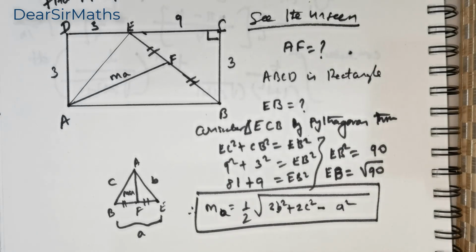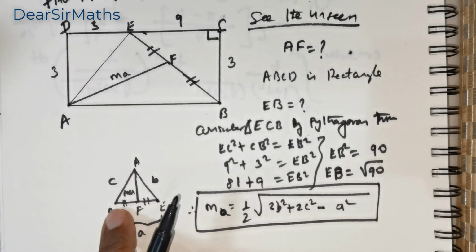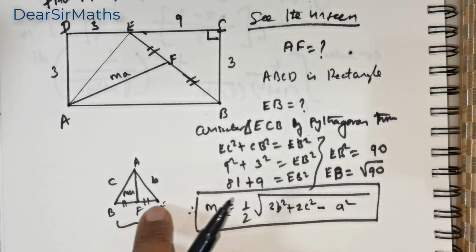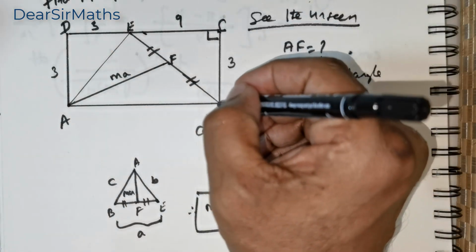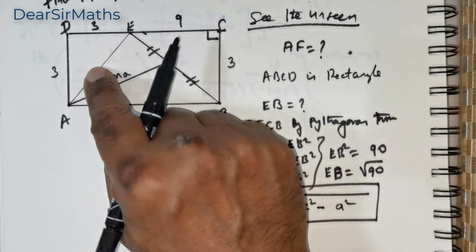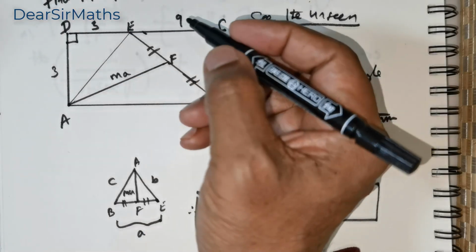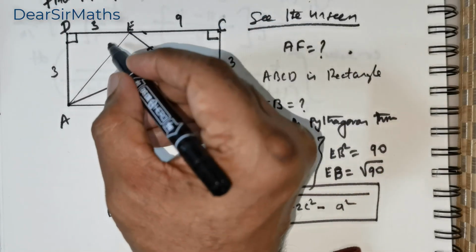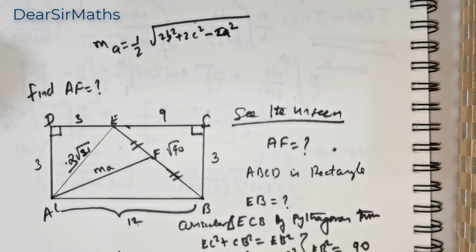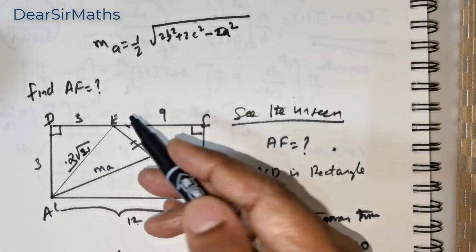So having mentioned that, let me substitute the values. The side opposite is AE. I need to know what AE is. AE is going to be this side, right? So we need to know what this side is. This is again a right angle. Now using Pythagoras, this length can easily be found, right?